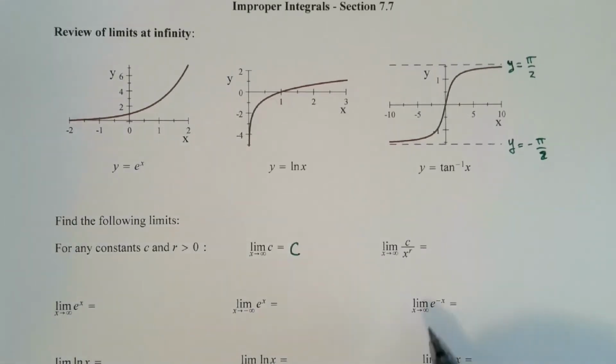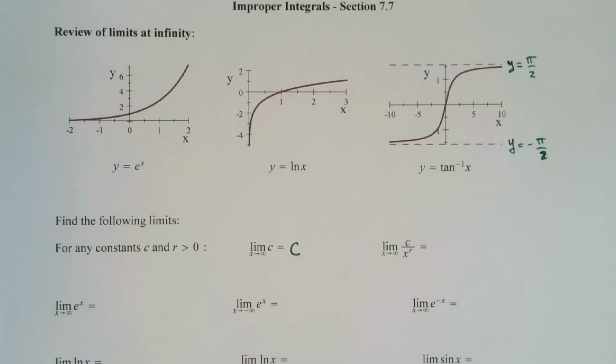In this next example, this is a very important one that we use a lot. As x goes to infinity, what's going to happen? c is a constant, it stays fixed, but the denominator has the variable, and notice it's to the r power. Since r is positive, x to the r is going to increase as x goes to infinity.